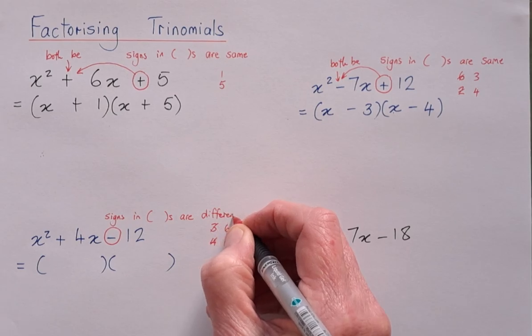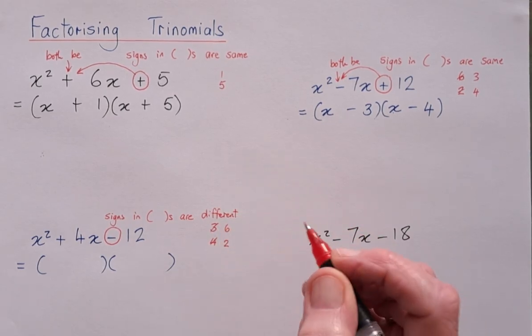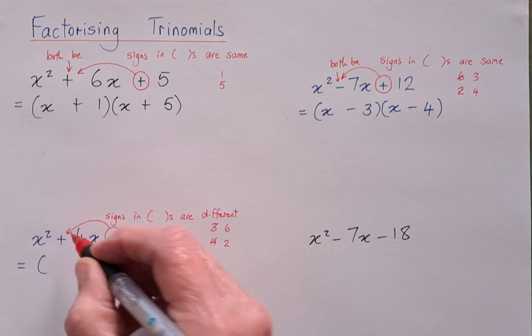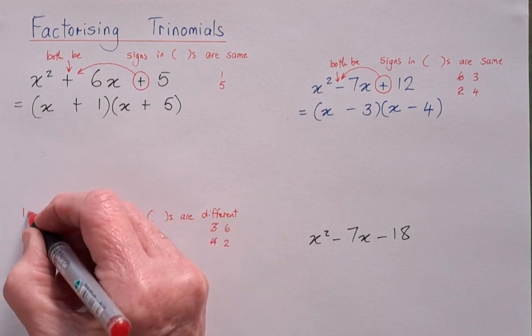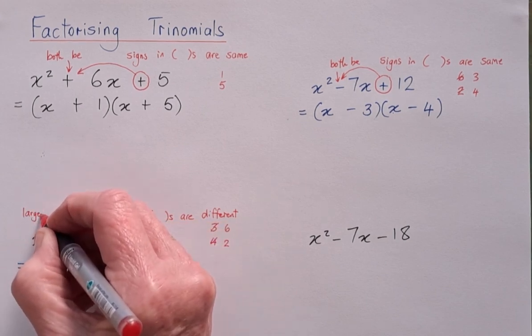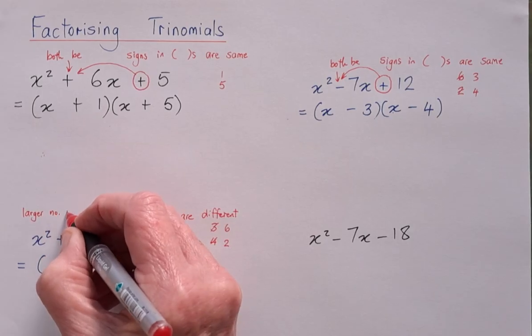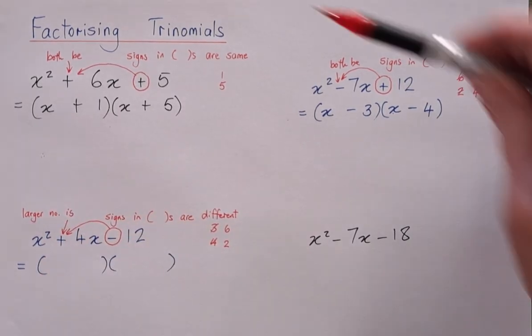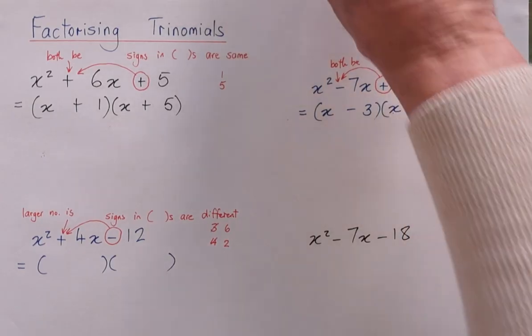And obviously there's only two differences. It's either positive or negative. And then I go back to the first sign, and this one is telling me that the larger number is this sign. In other words, the larger number in this case has to be positive.